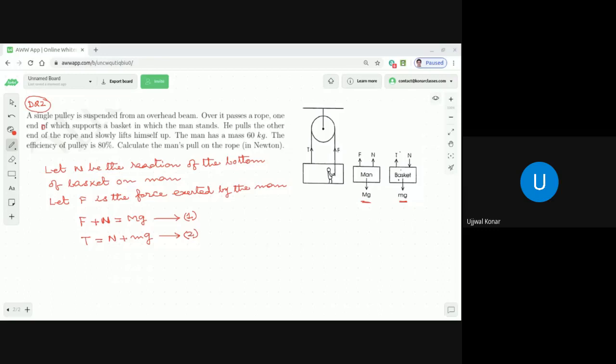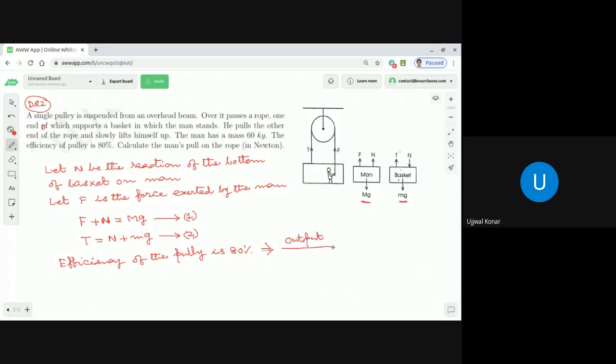So now, according to the question, the efficiency of the pulley is 80%. What does it mean? That means output by input is equal to 80%. That means T by F is equal to 80 by 100.